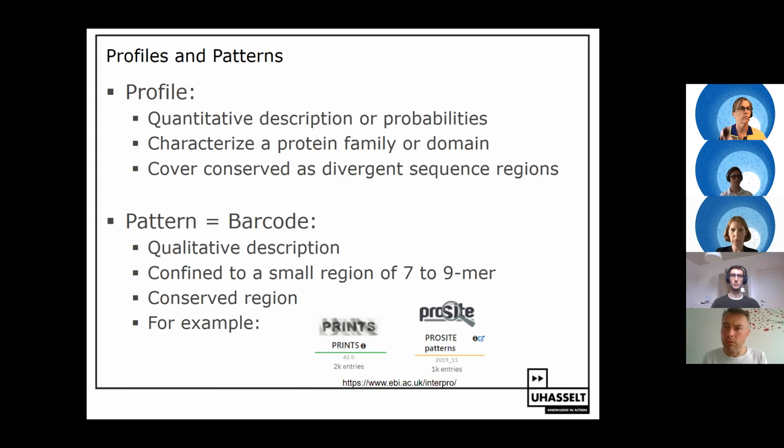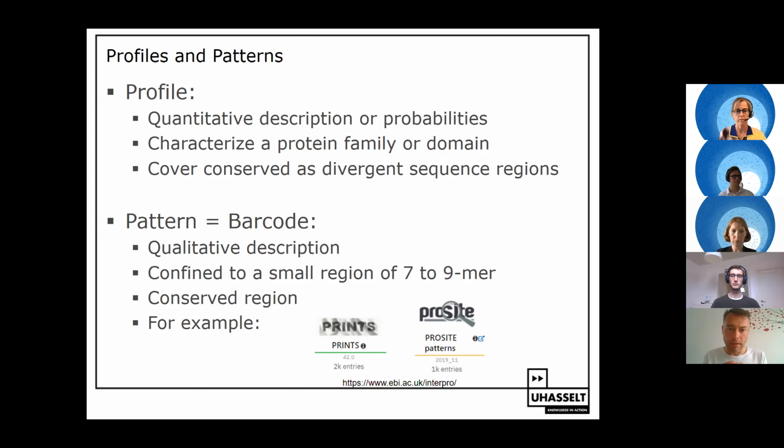And if you want to find profiles, you need to become error tolerant. It's different with patterns. The patterns are the barcodes, right? So they are a qualitative description of which sequences we should expect. And they're confined to a very small region of 6 to 9 nucleotides or amino acids in a very conserved way.